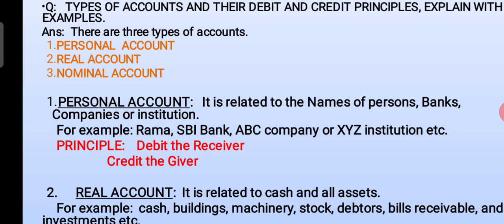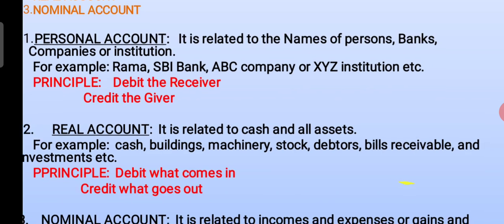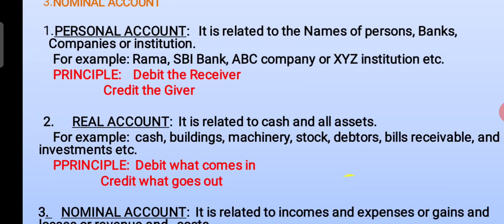Very good. Now come to the second account, that is real account. What is real account? It is related to cash and all assets. Real account generally deals with cash and all assets. Cash means the money which we use in business activities.